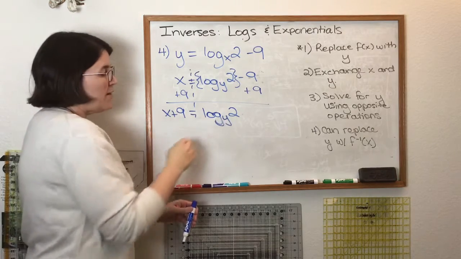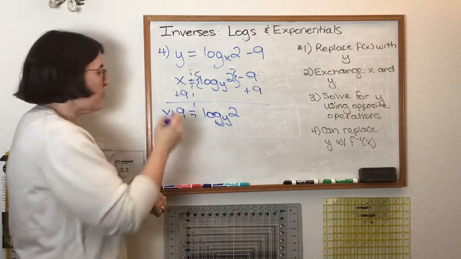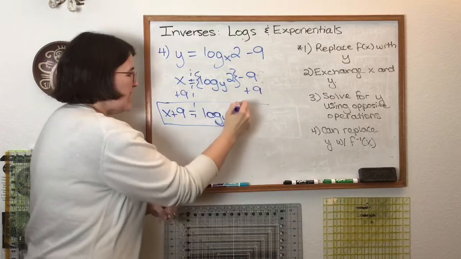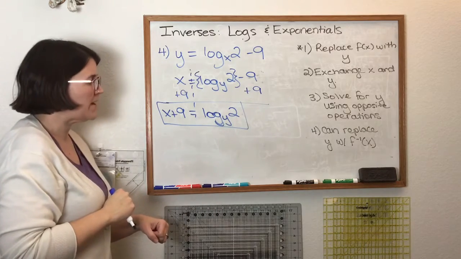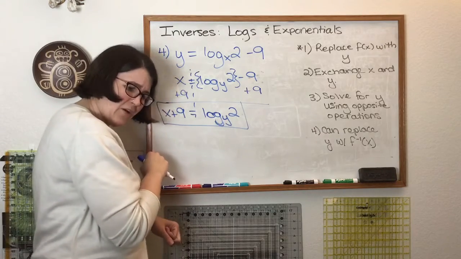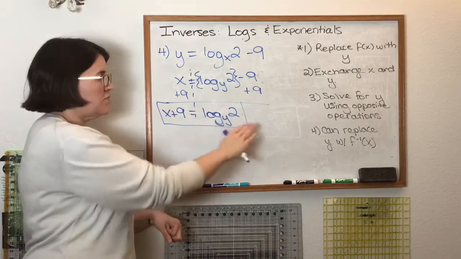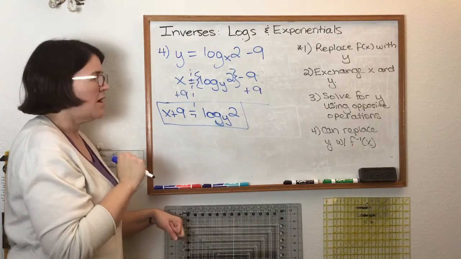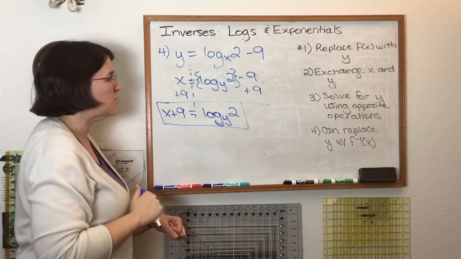So I think log base y of 2 is going to be as simplified as we can get in this particular problem. It's not a very good answer because it's very frustrating to leave this in terms of a log base y. But because the unknown is the base, sorry, that's my cat, go away. Because the unknown is my base, I think it's just best to leave this problem like this. I think that there are some more advanced steps we could take, but I think this is about as far as we want to go with it.